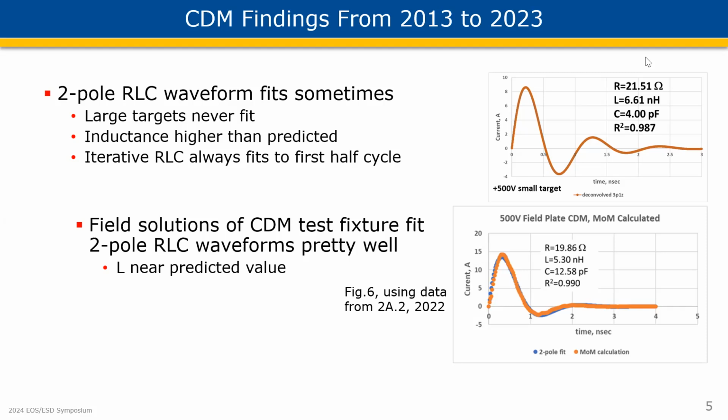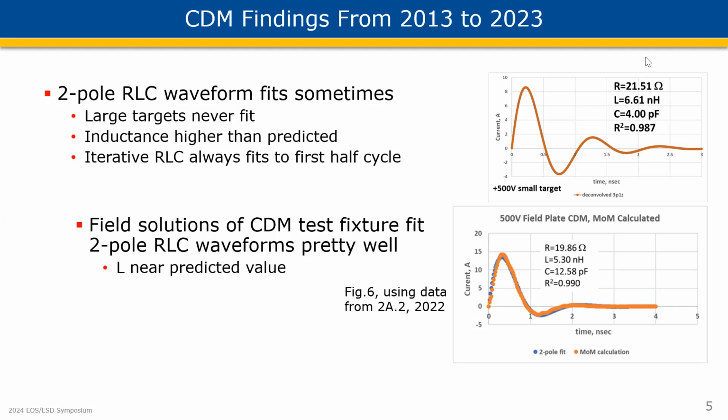But that was not the case with real large targets and field plate type targets. This was borne out also with other work that was published at this conference even earlier years, like 2018, for example.